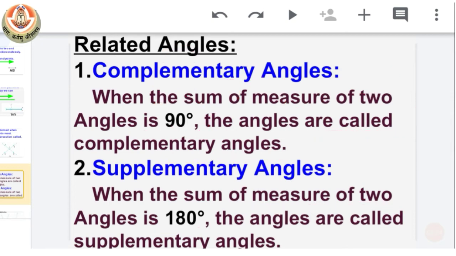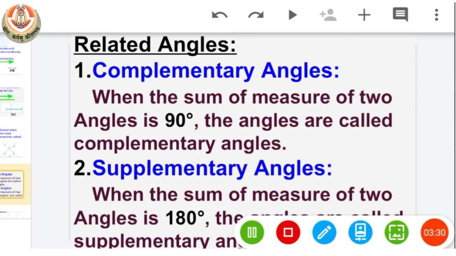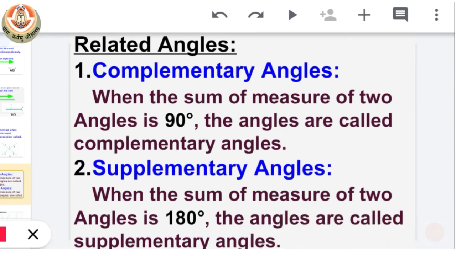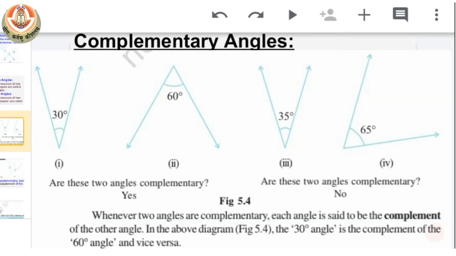Again, complementary angles means when the sum of the measures of two angles is 90 degrees, and in the case of supplementary angles the sum should be 180 degrees. Okay, don't get confused. Let's repeat one by one with examples.